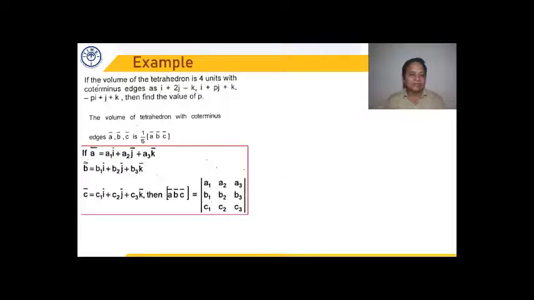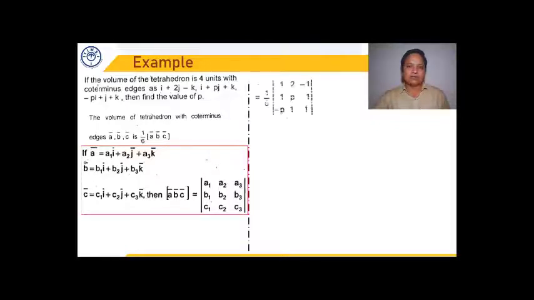And how do we calculate scalar triple product? We write the 3 vectors in order and their coefficients in the 3 different rows and evaluate the determinant. So in this case, 3 vectors are given. Volume of tetrahedron is 1/6 and its value is given as 4 units. So we are equating this value equal to 4 units.